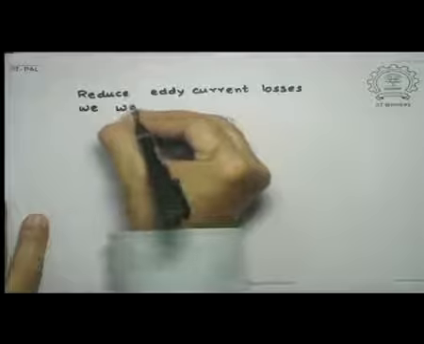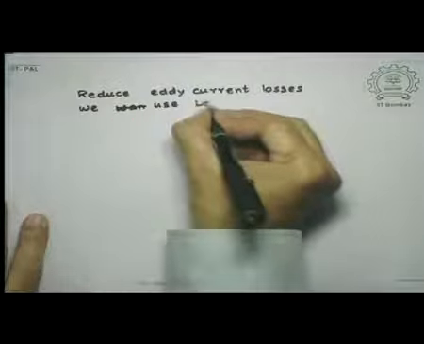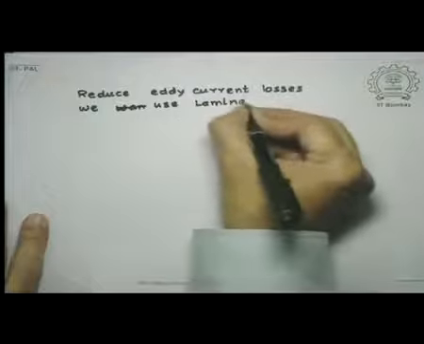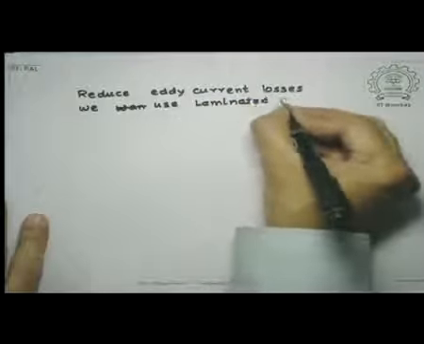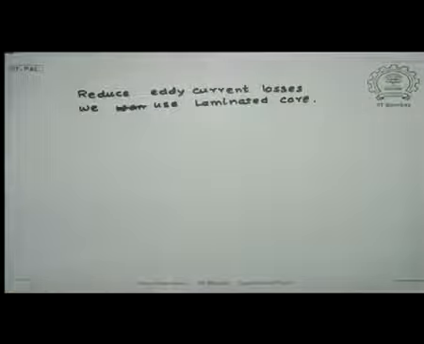I will explain what a laminated core is. See, what is done in a laminated core is instead of using a single block, I use layers of conductors which are glued to each other. So roughly the picture is as follows.